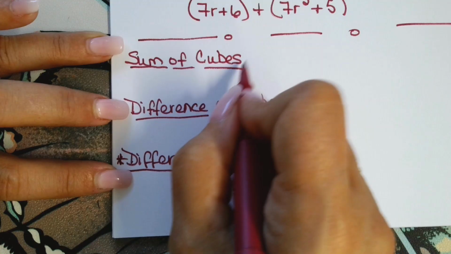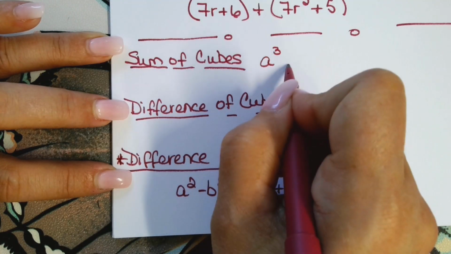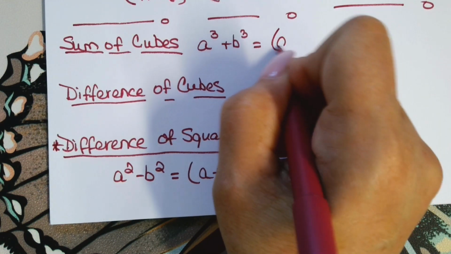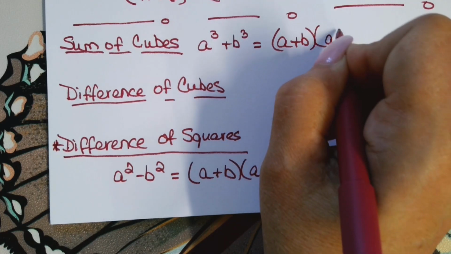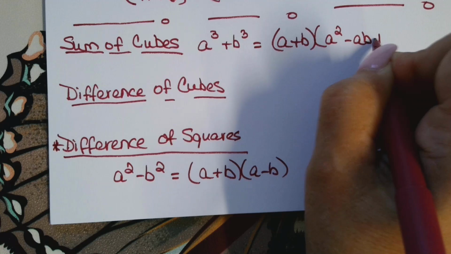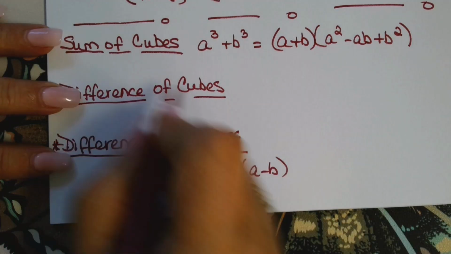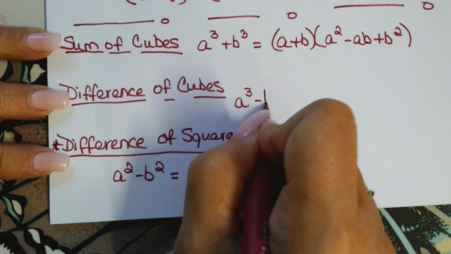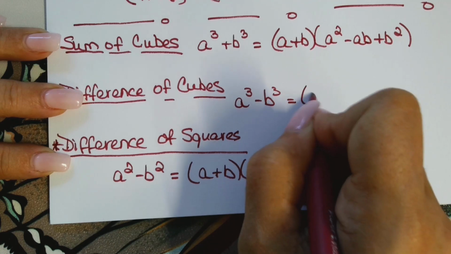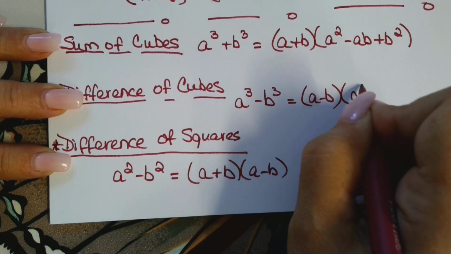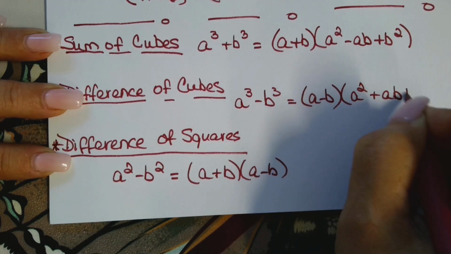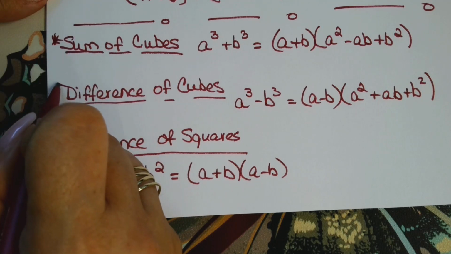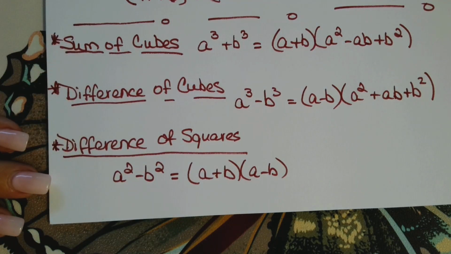Sum of cubes would be a cubed plus b cubed equals a plus b, a squared minus ab plus b squared. And then difference of cubes looks a lot like this, except it is a to the third minus b to the third equals a minus b, a squared plus ab plus b squared. So you need to memorize them. No other way around it. Make sure you know all 3.